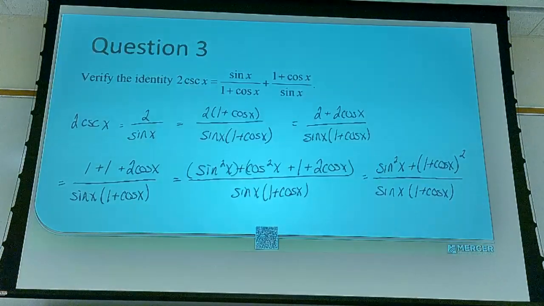That's how I knew. How do you know what identity to use? You just have to do them enough. Right? I can teach you the identities. I can teach you the strategies. In terms of doing actual verifications, I can't teach you that because each problem is different.